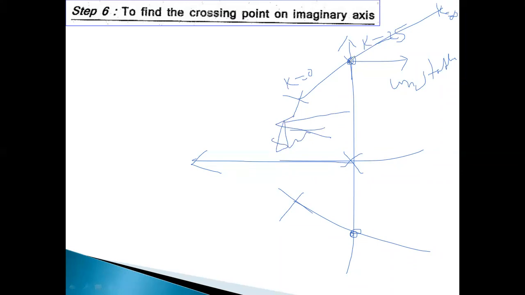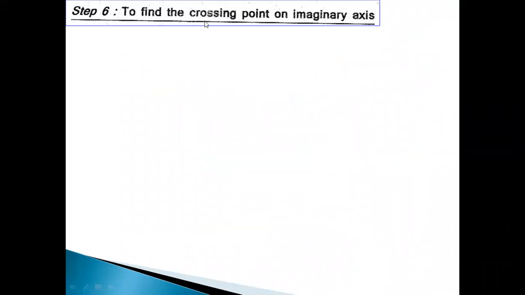In some cases, the root locus branch may move in this direction, and in that case it never crosses the imaginary axis. Whatever the value of K from 0 to infinity, the system is always stable. It never becomes unstable.